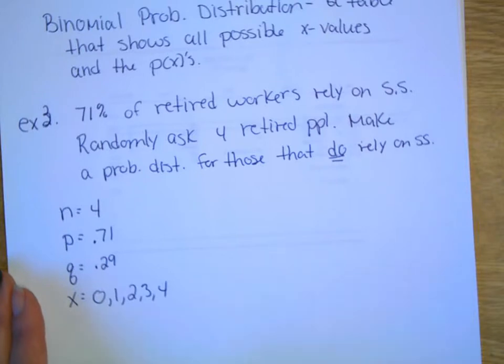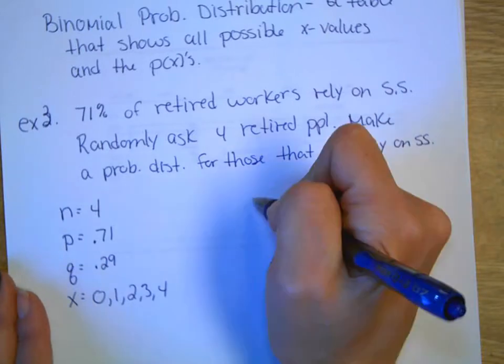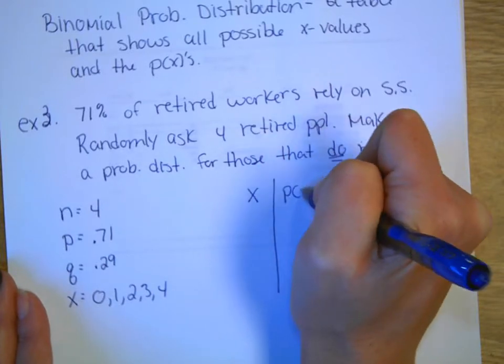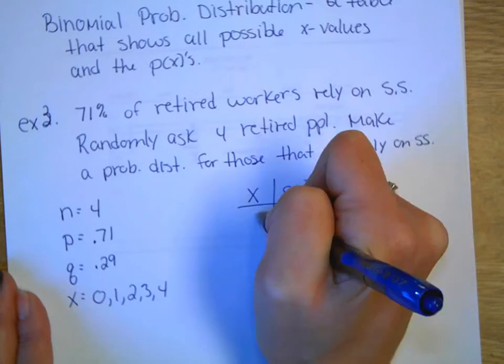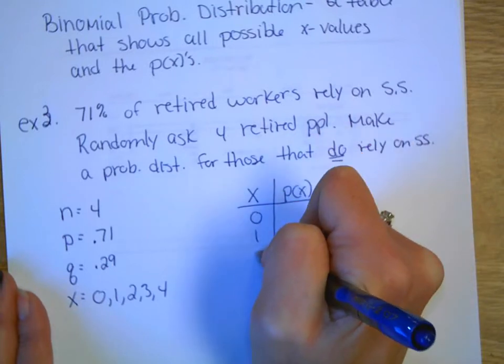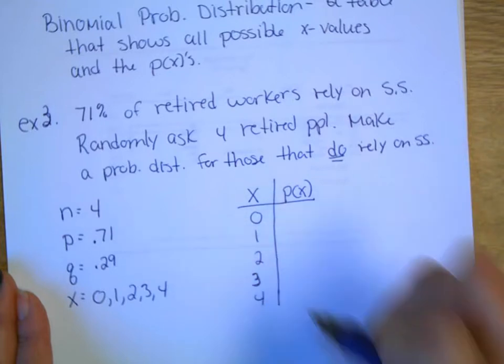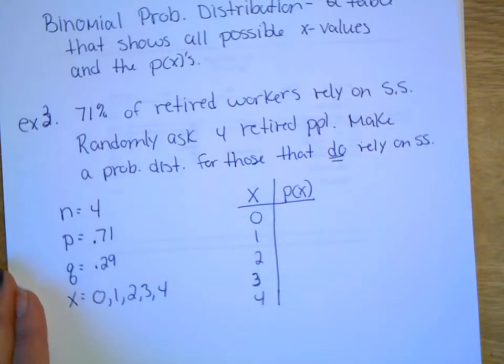So there's my X value for my table. X could take on a value of 0, 1, 2, 3, and 4. And now I've just got to find those probabilities. It's 5 problems in 1.